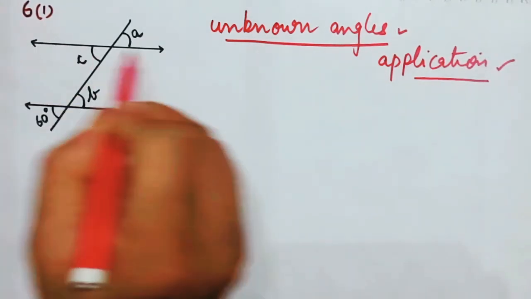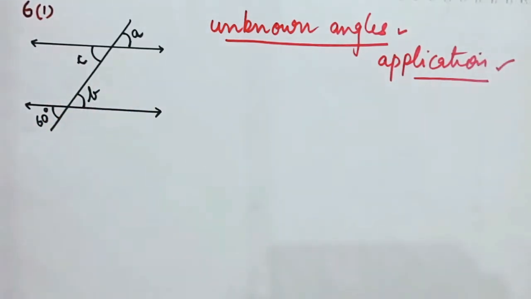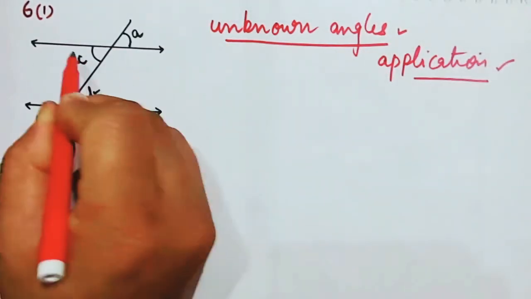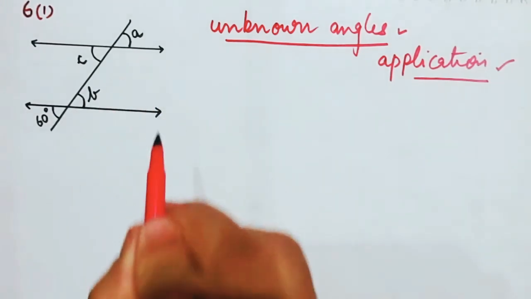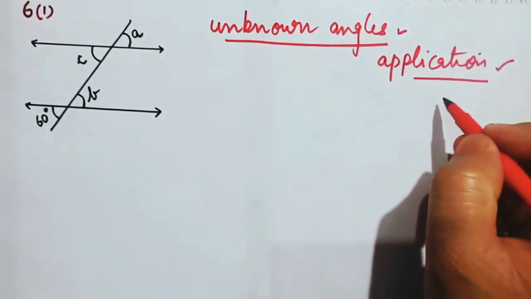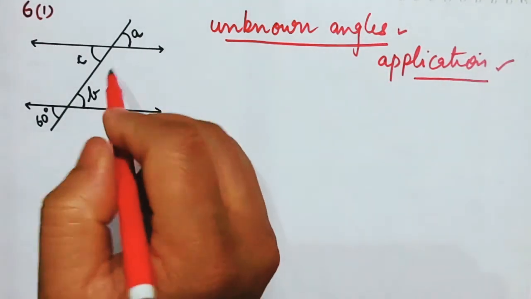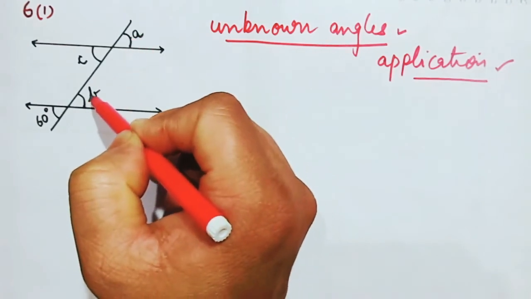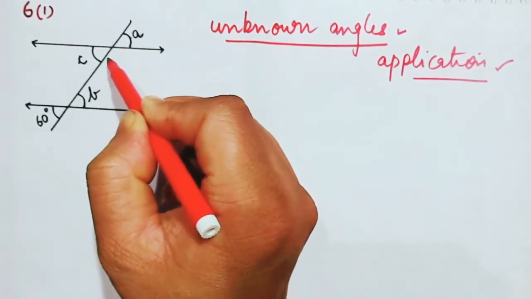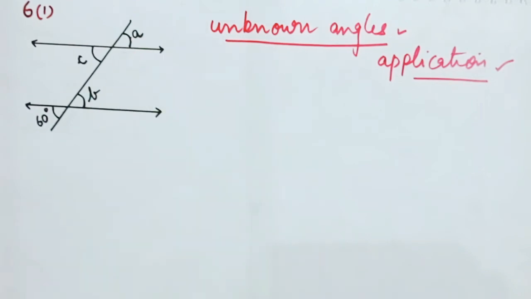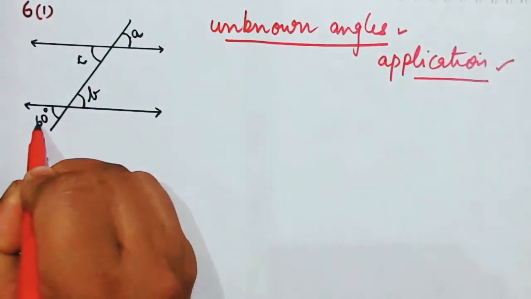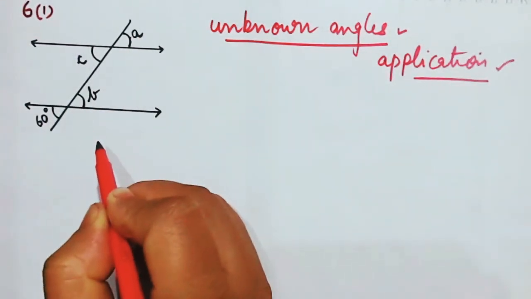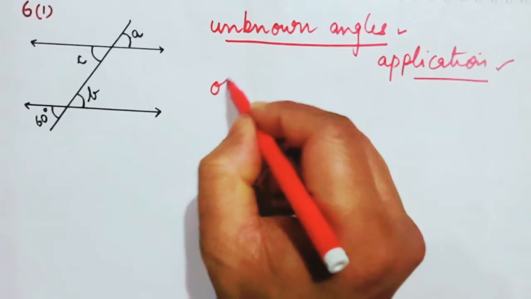Now, when these parallel lines are given, then in that case, we know that the alternate angles are equal, the corresponding angles are equal, and the sum of the co-interior angles should be equal to 180 degrees. But here they have given only one of the angles, that is 60 degrees. We have to find the remaining. So we have to observe.